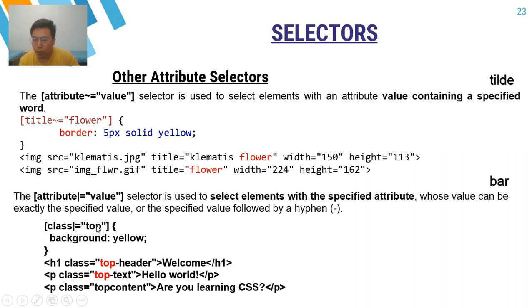So we're going to find the word top in each of the classes. We have class top, and then class top content. As you can see here, it's a specified word top. This is one word, but this one uses a hyphen, so both the H1 and P classes will have that particular attribute selector.